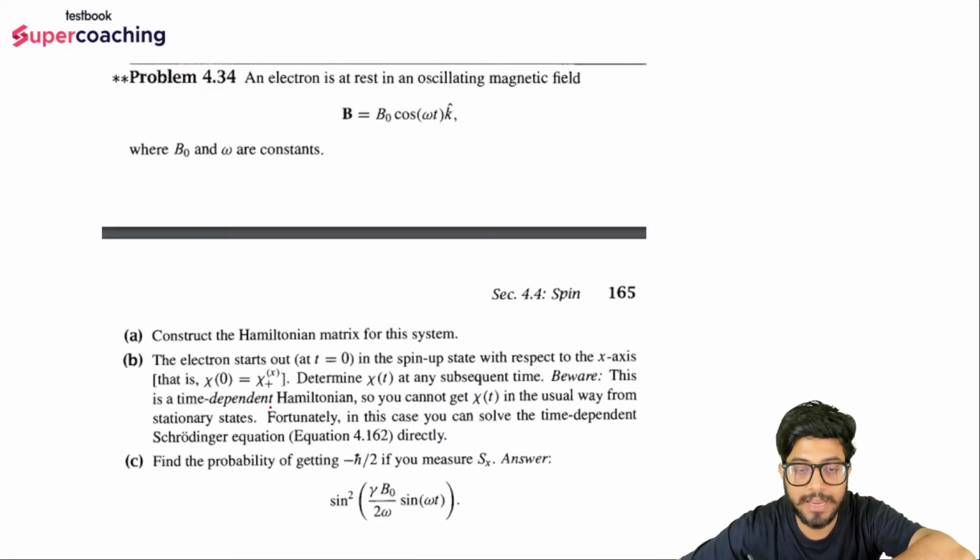And this is a time dependent Hamiltonian. So you cannot get psi of t in the usual way from the stationary states. Fortunately, for this problem the Schrodinger equation can be solved directly.